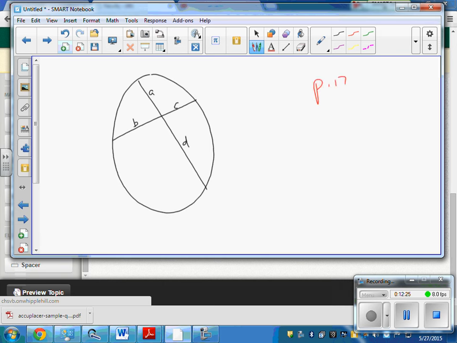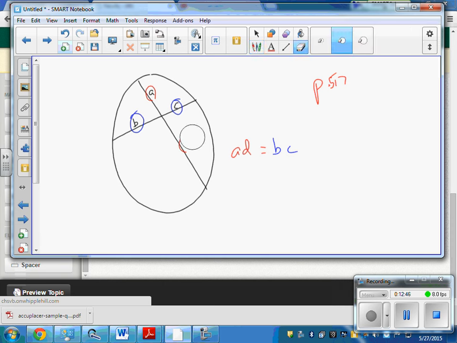And this is what it says. If you multiply A and D together, A times D, that's always going to be the same as multiplying B and C together. The proof was actually in the exercises. It had to do with similar triangles. We don't need to prove it necessarily, but you do have to know how to use it.